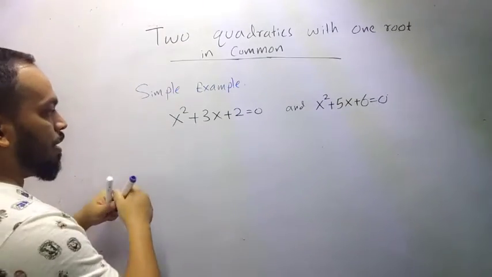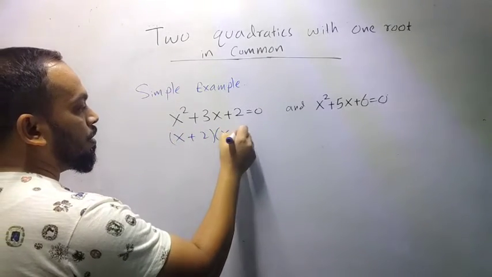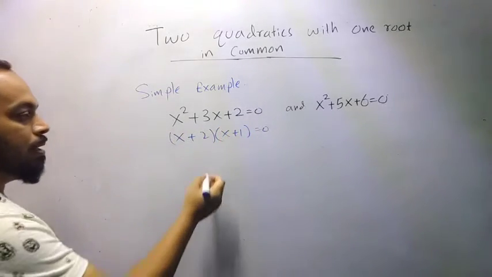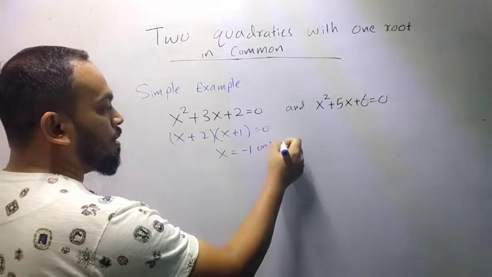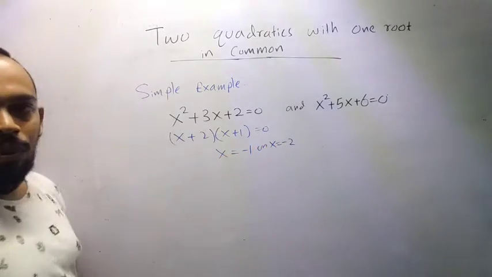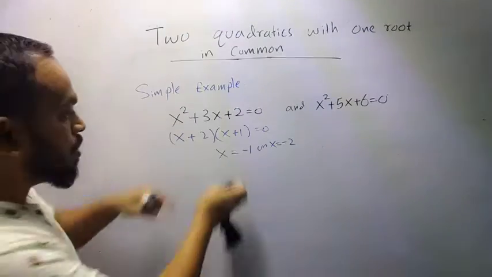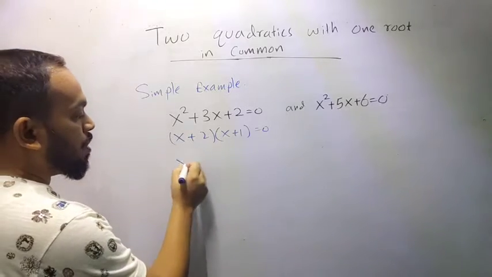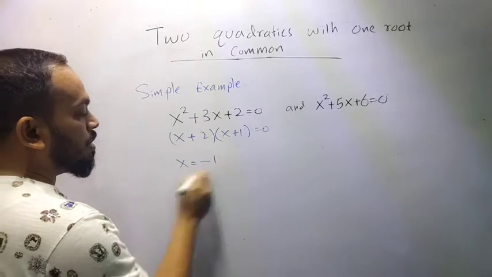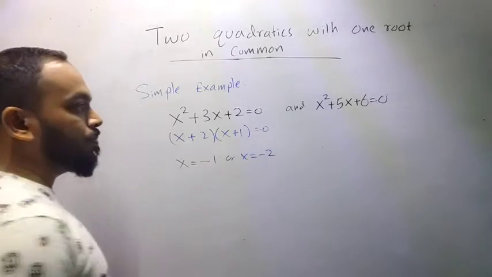This can be factorized easily, equals 0, that leaves us with x equal minus 1 or x equal minus 2, right? So the solutions to this quadratic equation, by that I mean the roots of this quadratic equation, are either x equal minus 1 or x equal minus 2.